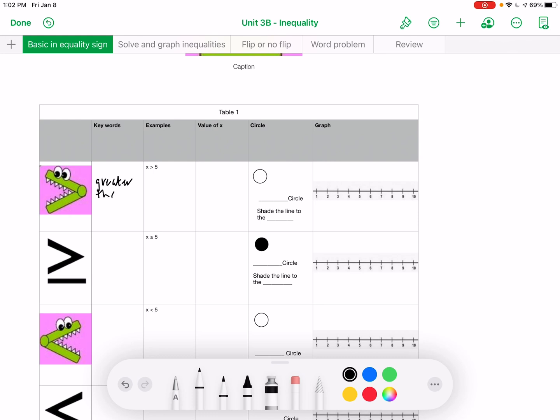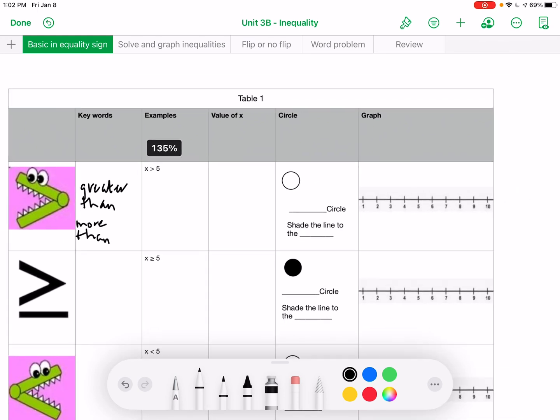Greater than. It could also be more than. And then we could say that x is greater than 5.